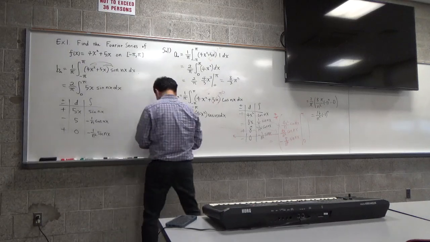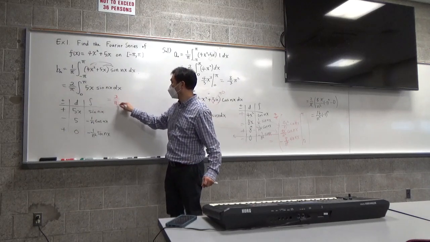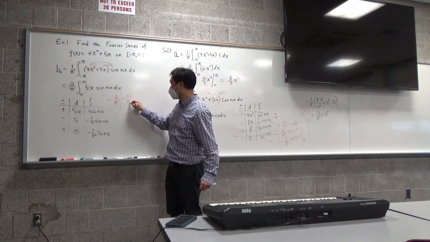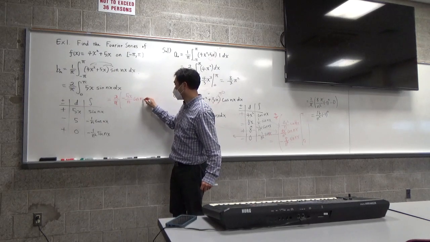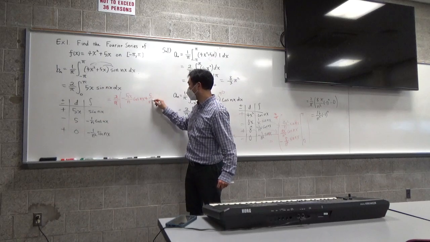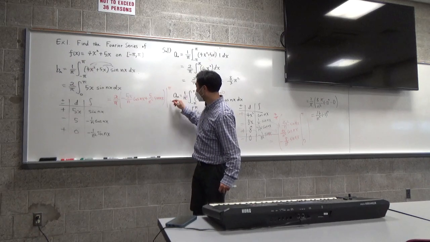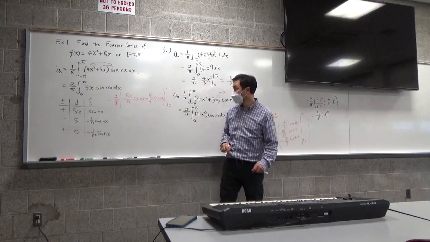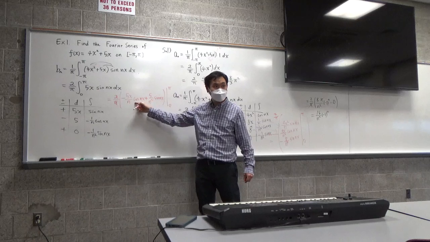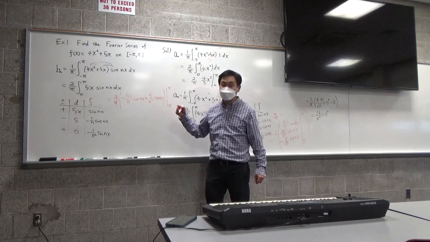So you end up with the following: 2 over pi of negative 5x over n cosine nx. Negative times negative, that's plus 5 over n squared sine nx. You plug in pi and 0. What happens if you plug in pi here? Sine n pi is 0.